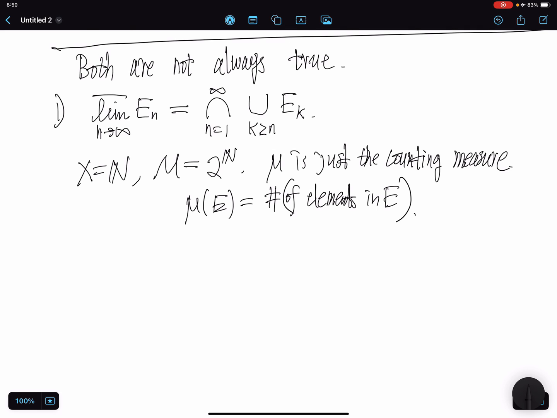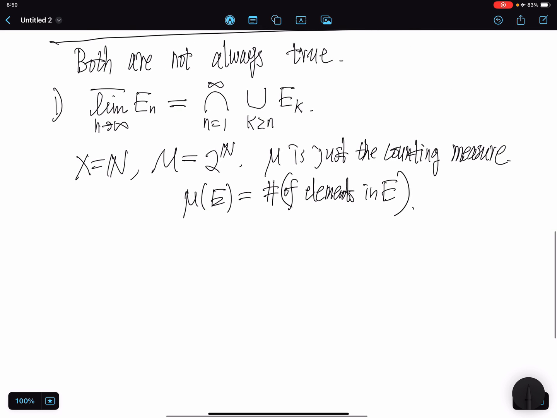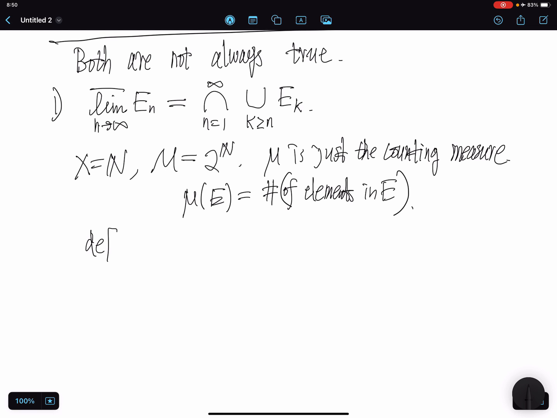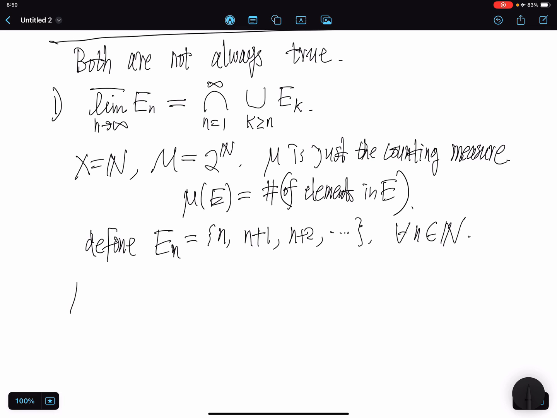Now we define E sub n to be the set of all the integers greater than or equal to n plus 2, for all n in the natural numbers, right? So now in this case, what is the measure of the upper limit of E sub n?